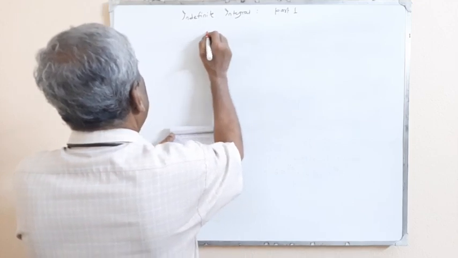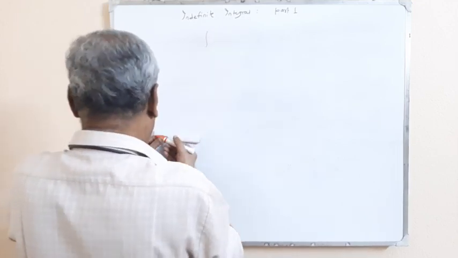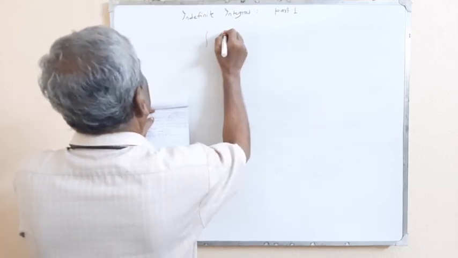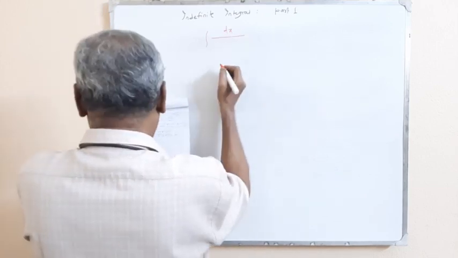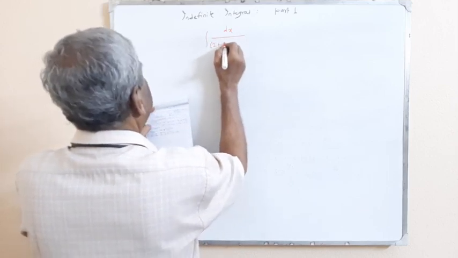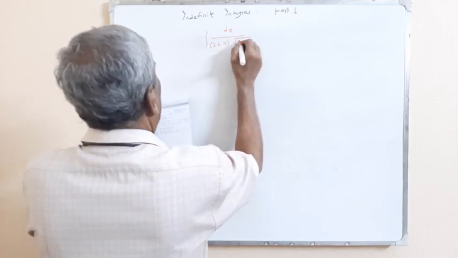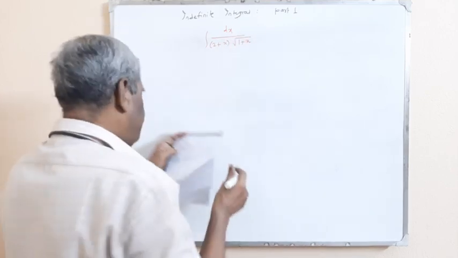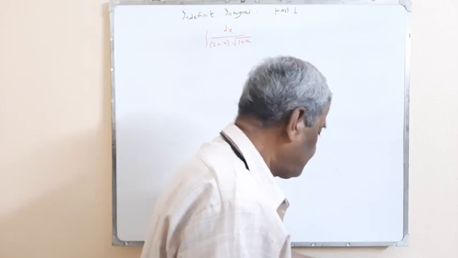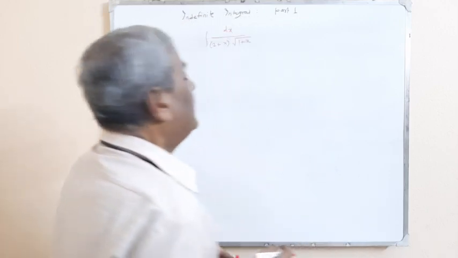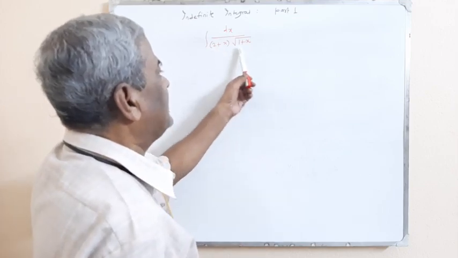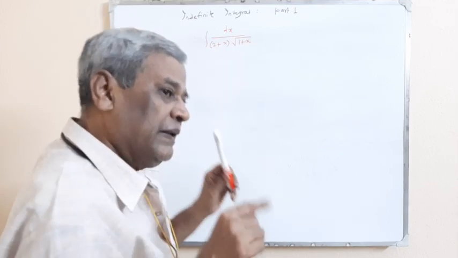Next problem is integration dx by (2 plus x) root over (1 plus x). So it is of the type dx by, in denominator two factors are there, both linear.